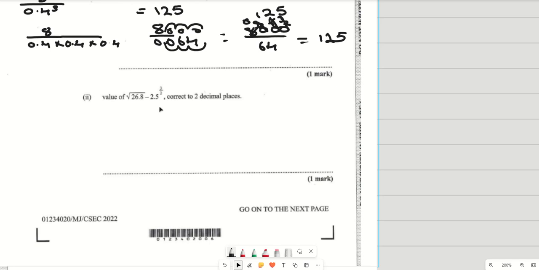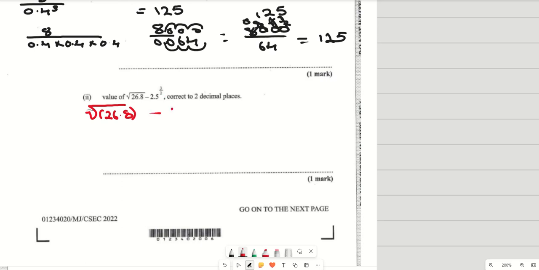Alright, part 3, the value of the square root. Now this, guys, use a calculator. When you're using your calculator, just put your brackets. So this is what you're going to write in your calculator. I'll put this in red. You're going to put the square root sign, open bracket, 26.8, close bracket.